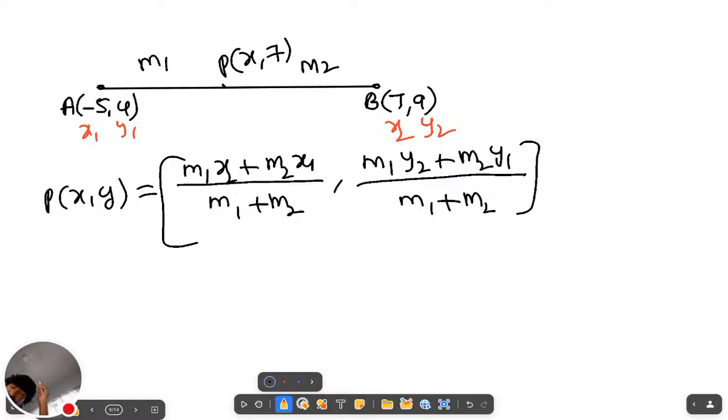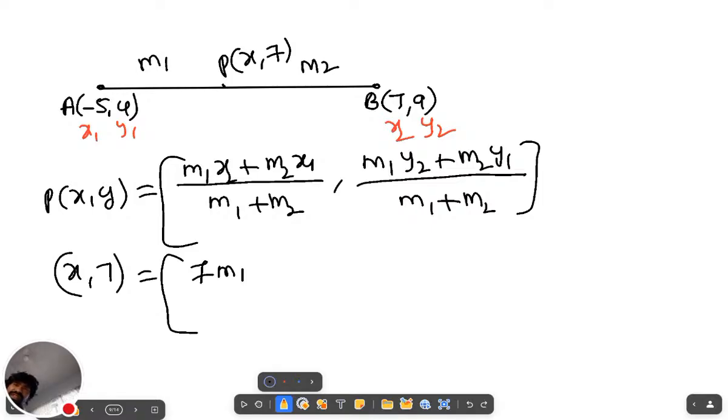Here the P coordinates are already given, (x, 7), right? So (x, 7) is equal to m1 x2. The m1 value we don't know, but the x2 value is 7, so 7 m1. Plus m2 x1.